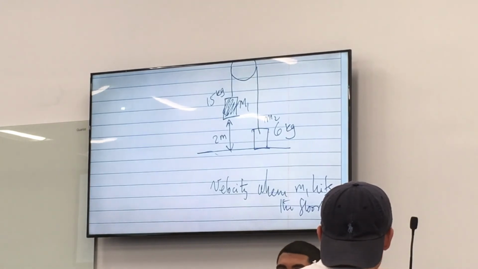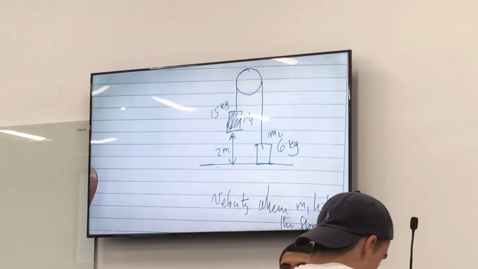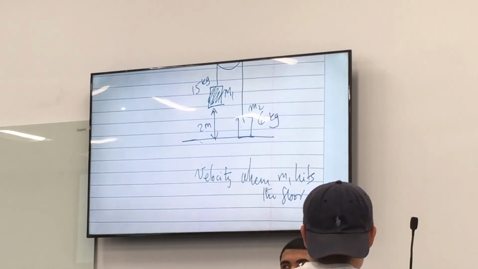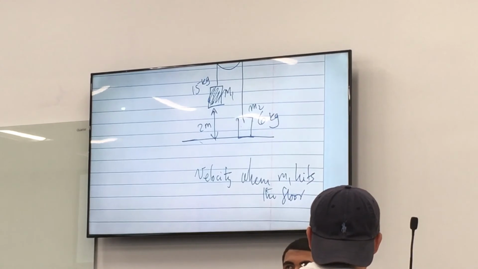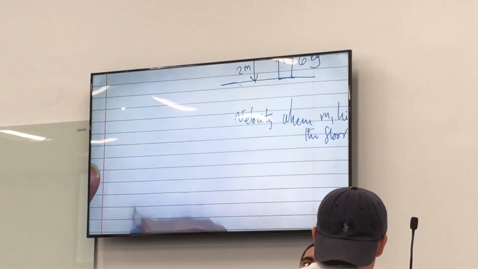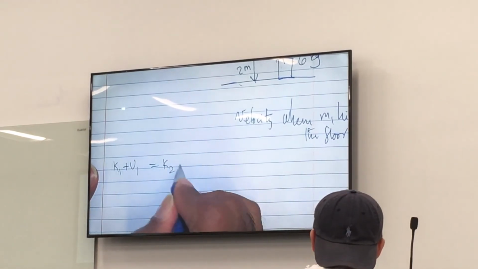You don't need to draw a free body diagram, nothing. All you have to do is write this equation. So K1, U1 is just when you release, and K2, U2 when it hits the floor. So 2 different points. So K1 plus U1 equal to K2 plus U2.